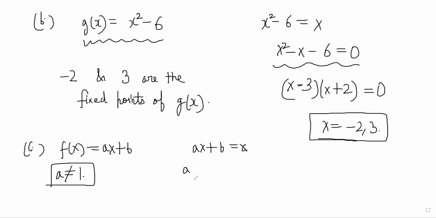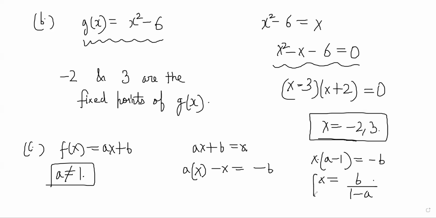So then ax minus x would be negative b. Basically, the fixed point is coming out to be b by 1 minus a. That's why they said that a is not equal to 1, because then there is no fixed point. Oh, okay, yeah, because this point will not be defined, the denominator is 0.